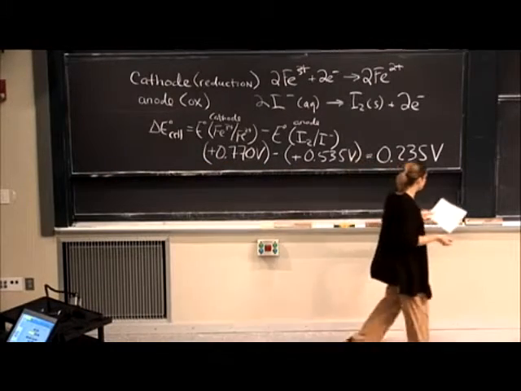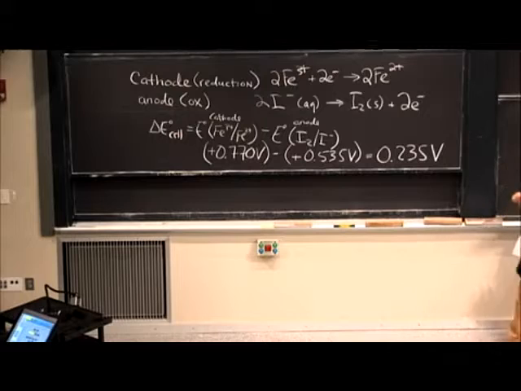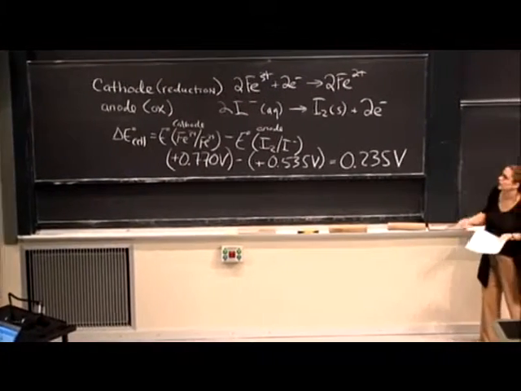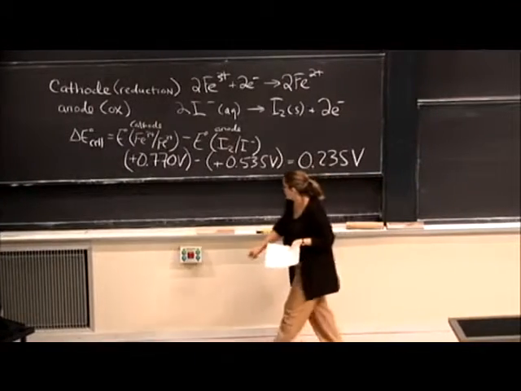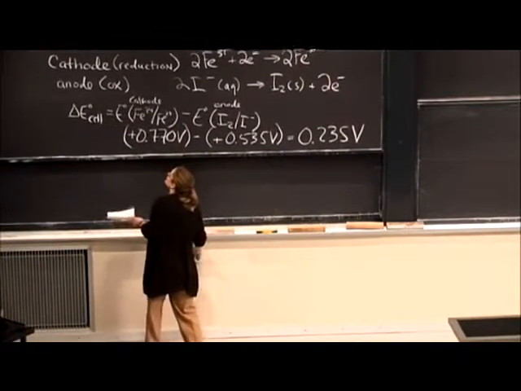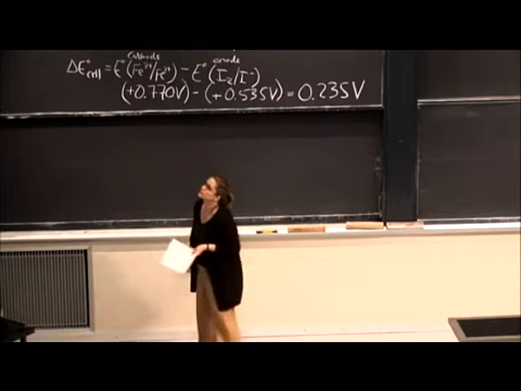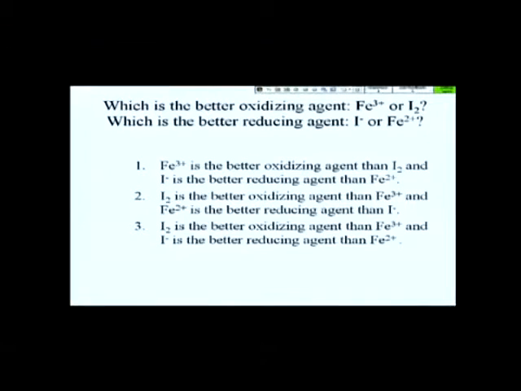All right, so now let's think about what the good oxidizing and reducing agents are here. And let's have a clicker question for that. So which is the better oxidizing agent? Iron plus 3 or I2? And which is the better reducing agent, I minus or iron plus 2?